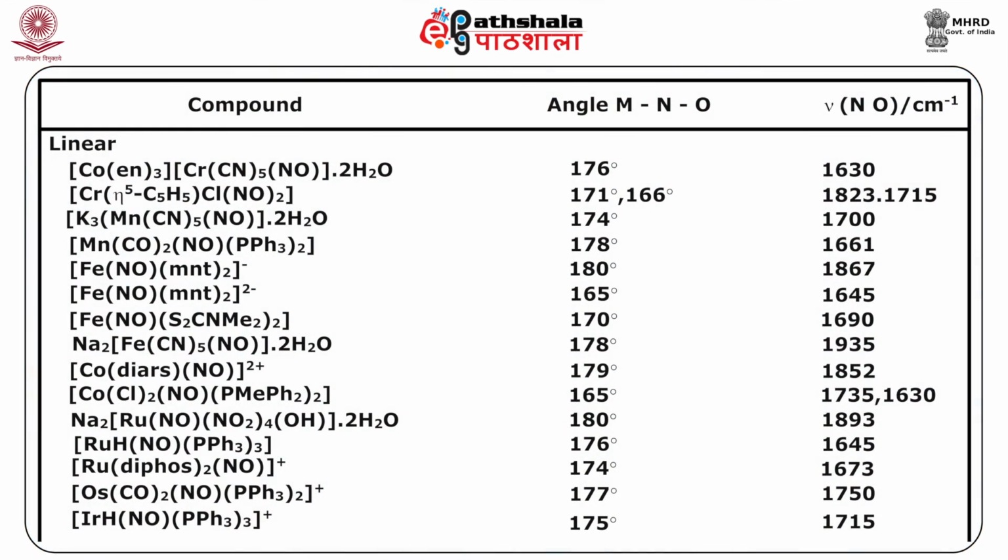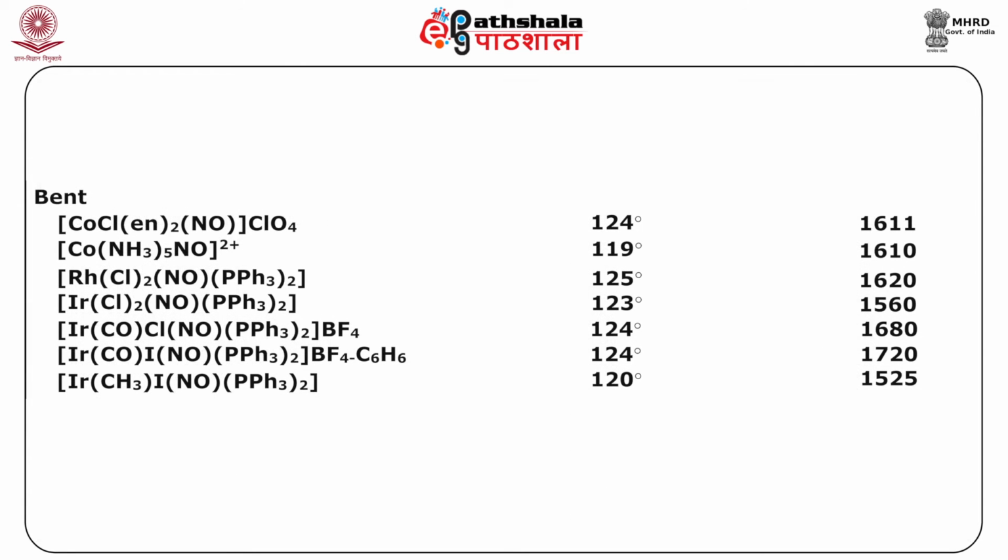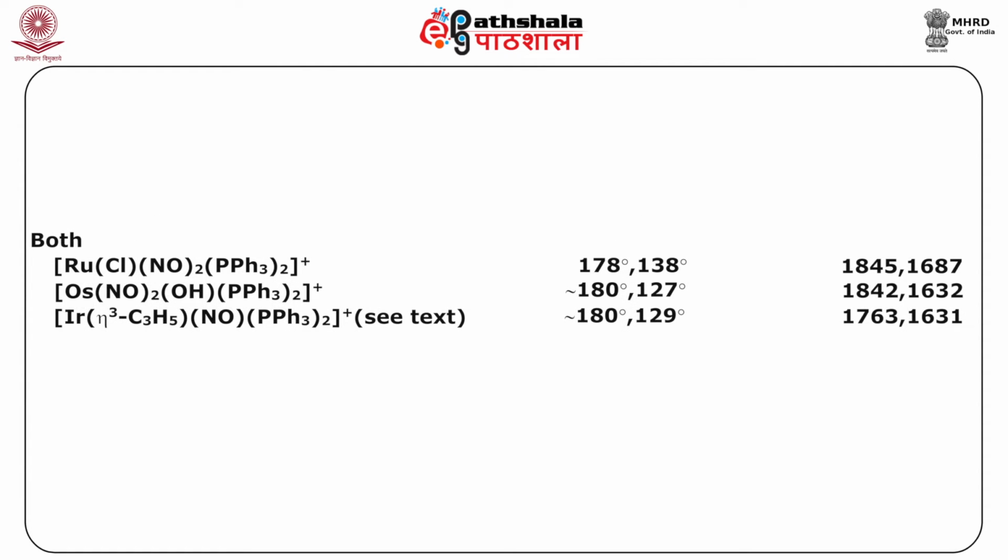A variety of nitrosyl complexes possessing the linear nitrosyl group are shown here, and these are many. Likewise, we can see a large number of examples containing the bent geometry, and there are a few examples which contain both the linear and bent geometry of the nitrosyl ligand in the same metal complex.